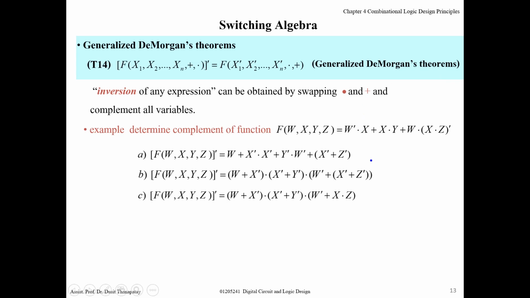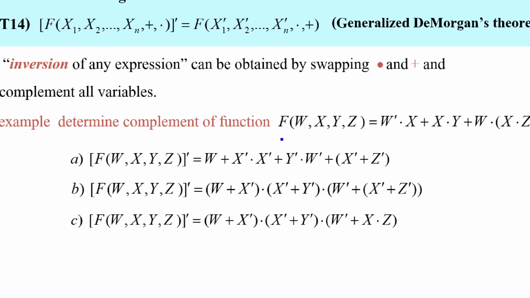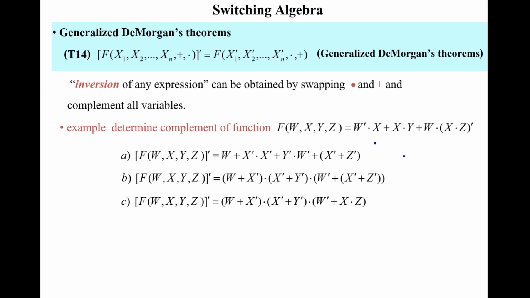So if I want to find out the invert of this function, the result should be A, B, or C. Which one? Based on this, you consider the invert for every variable.